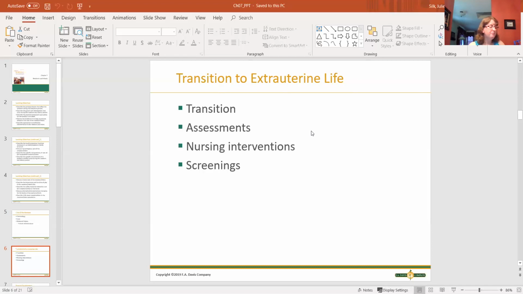And remember when we talked about signs of cold stress, we said things like grunting, pallor, lethargy, jitteriness, tachypnea, hypoglycemia. Some of those things might be happening if they have cold stress. So typically we're going to put a cap on them, do skin-to-skin contact with the mom, put them in a warmer, all of those types of things.